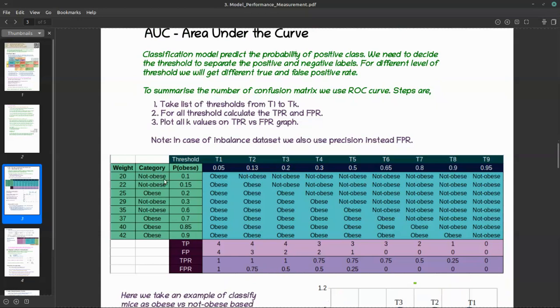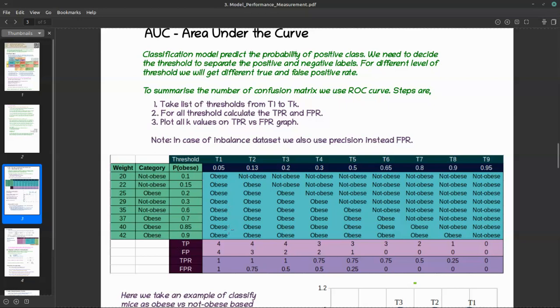So let's say I have some data, and I want to predict the category, not obese or obese, right? Given the weight, the category is given here. This is the ground truth, and this is the probability value that my model is saying. Let's say I'm using SVM or logistic regression, it's saying my probability of obese, right?